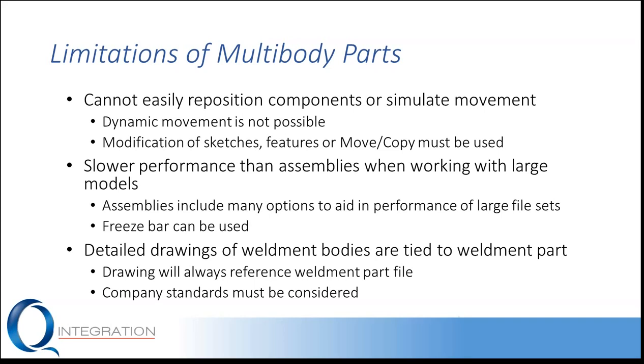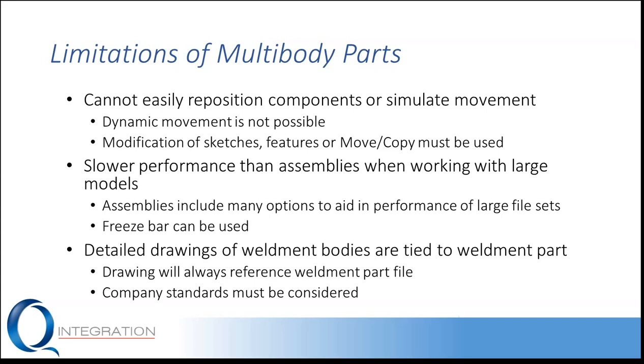When working with large weldment or multi-body part models, we may experience slower performance than assemblies. And this is simply because we have a lot of options available to us to aid in performance for those large assembly file sets. When it comes to multi-body parts, about the only thing that we have there is the freeze bar to help us control the rebuild time of those features.